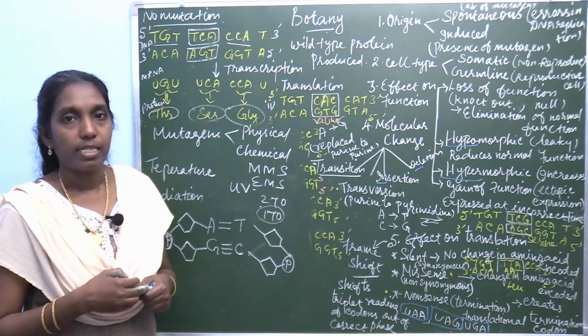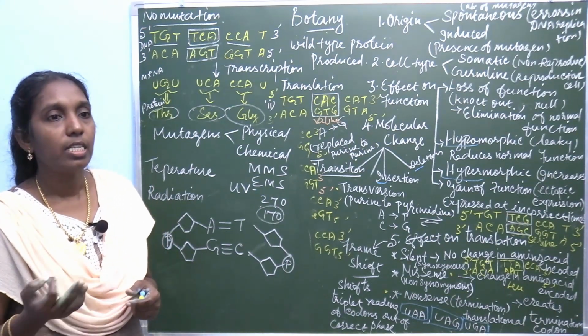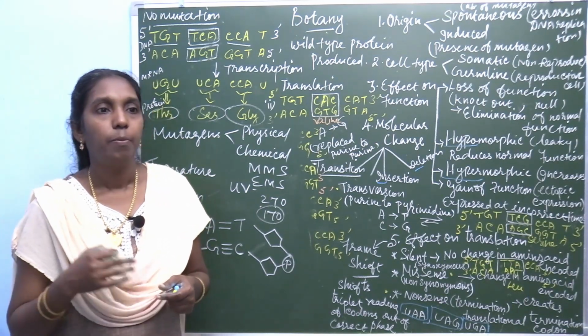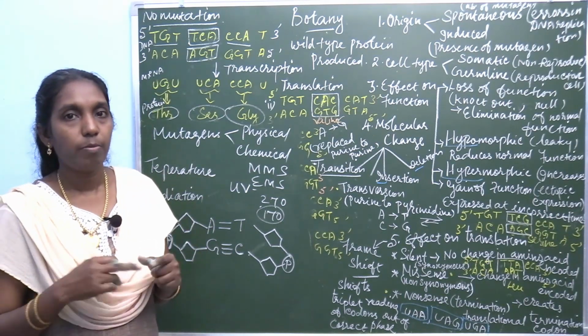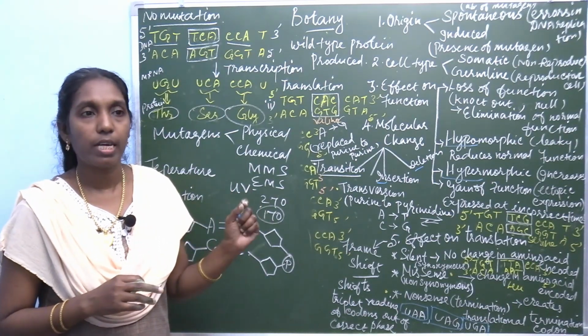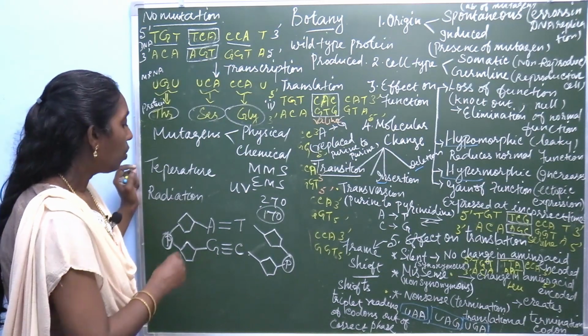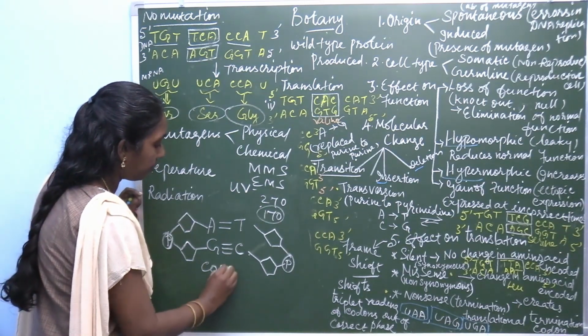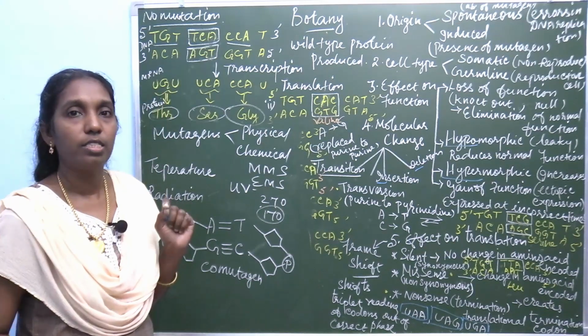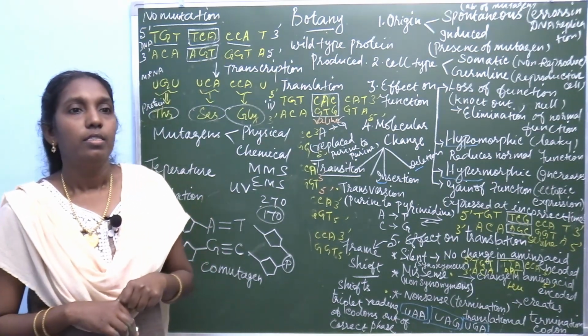Example: ascorbic acid, which increases the damage caused by hydrogen peroxide. Just remember that ascorbic acid is the example of a co-mutagen.